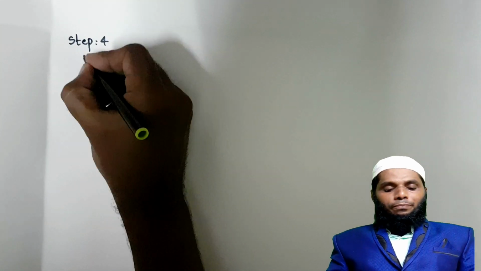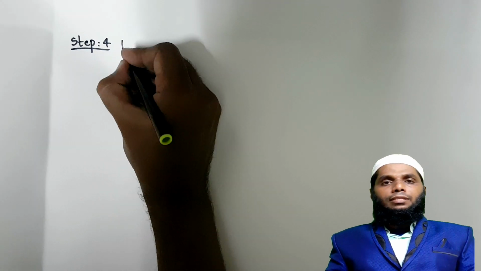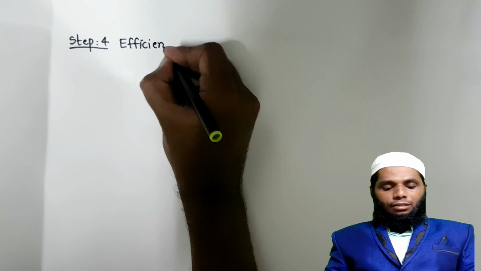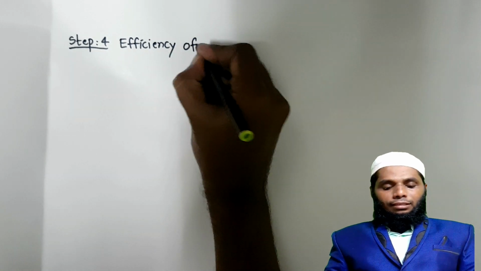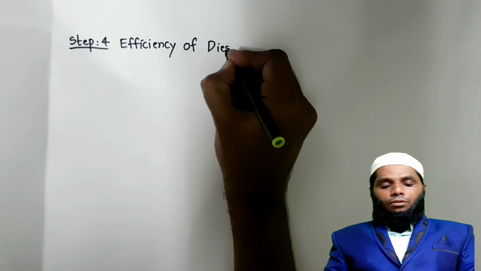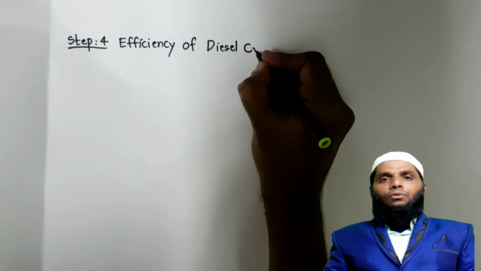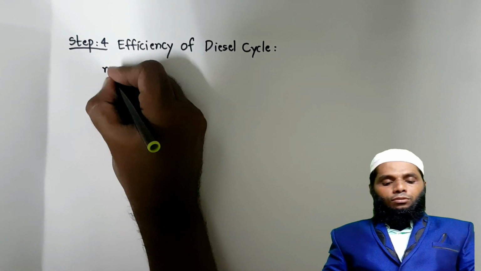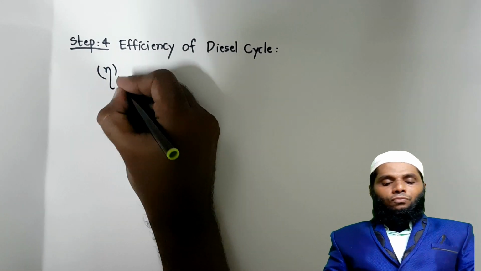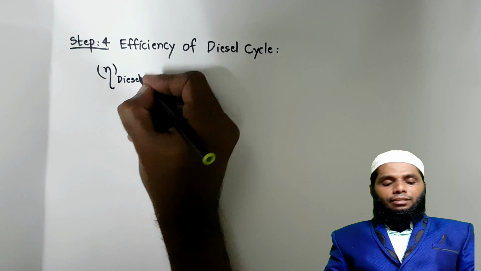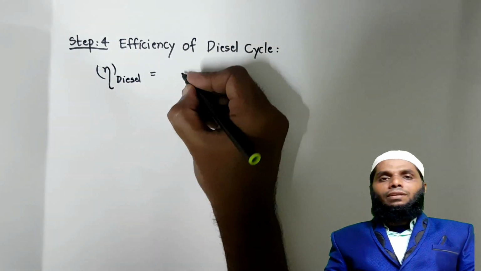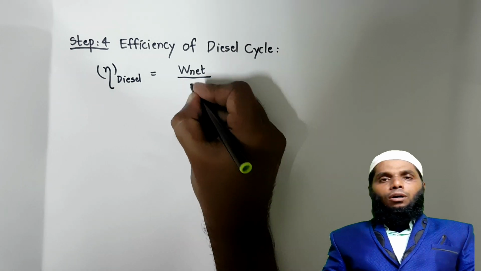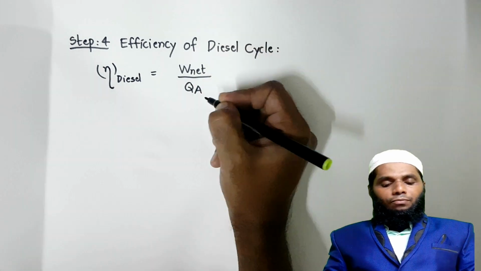So last step, that is step number 4, efficiency of diesel cycle. For this we have two methods. The first method I will apply to find out efficiency is the simple relation: efficiency of diesel cycle is equal to net work done upon heat supplied QA.